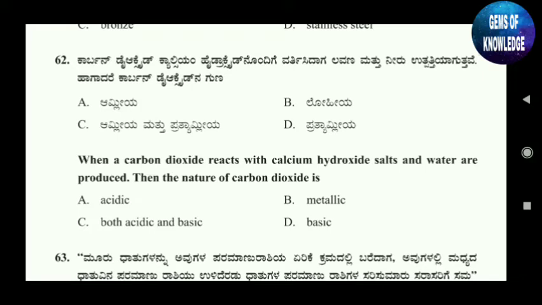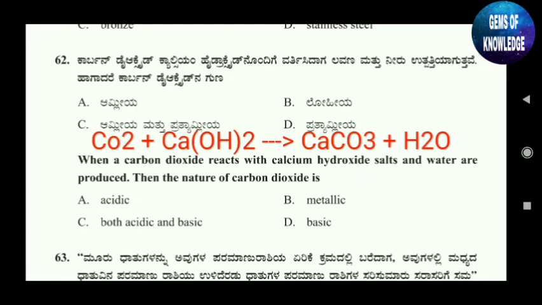You can see the reaction: when we add CO2, that is carbon dioxide, to Ca(OH)2, which is calcium hydroxide, we get the salt CaCO3, and water is produced. So we have to identify the nature of the carbon dioxide.